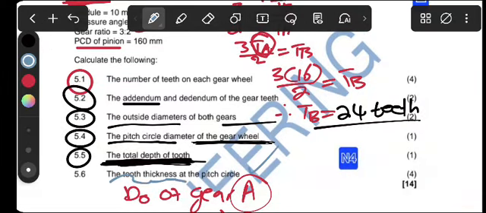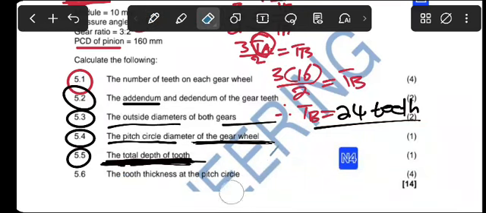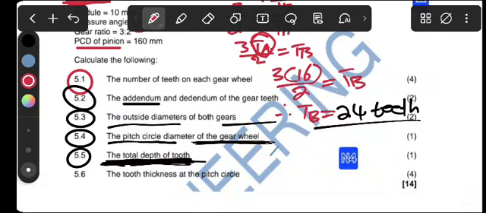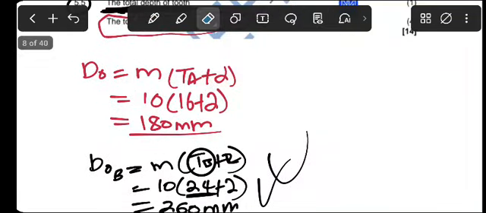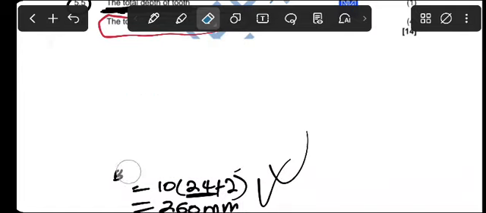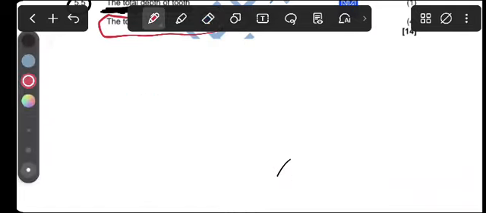The tooth thickness at the pitch circle is simply a repetition, guys.